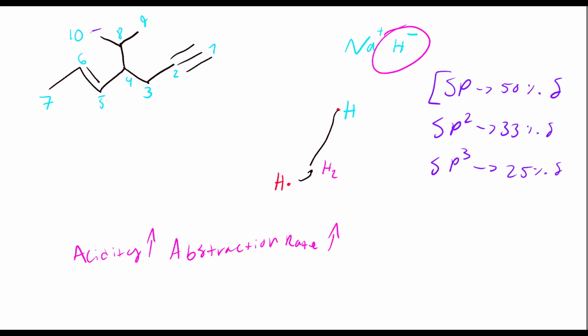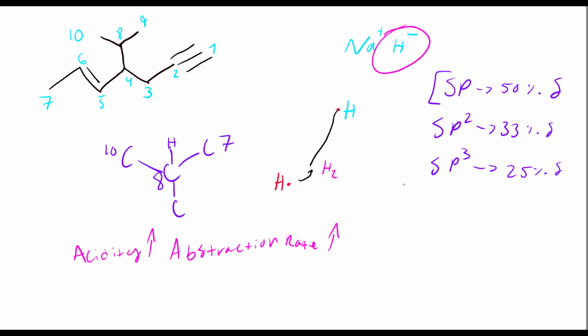Well, let's look at this area. There's a carbon with another carbon, and this one is going to have a hydrogen. It's connected to a carbon. So 10, 8, and 7. Let's see. For 8 we have 1, 2, 3, and 4. So for 8 we have four things surrounding us.